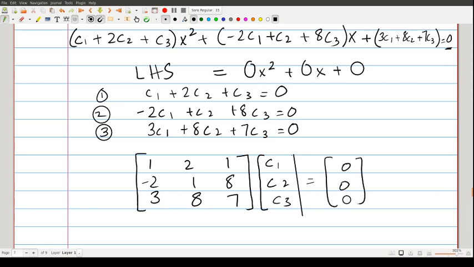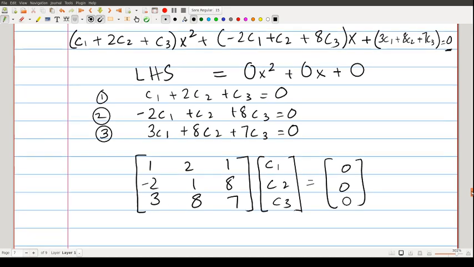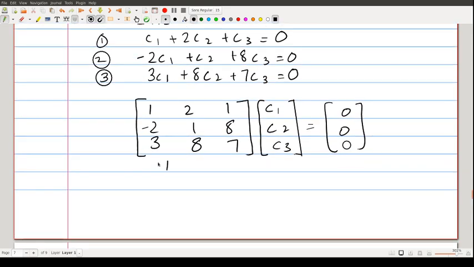This is just a homogeneous system, and if you recall from the proof that we did above, this system will have only a trivial solution, if I call this matrix A, if and only if A is non-singular. So you just need to check whether it's non-singular or not.